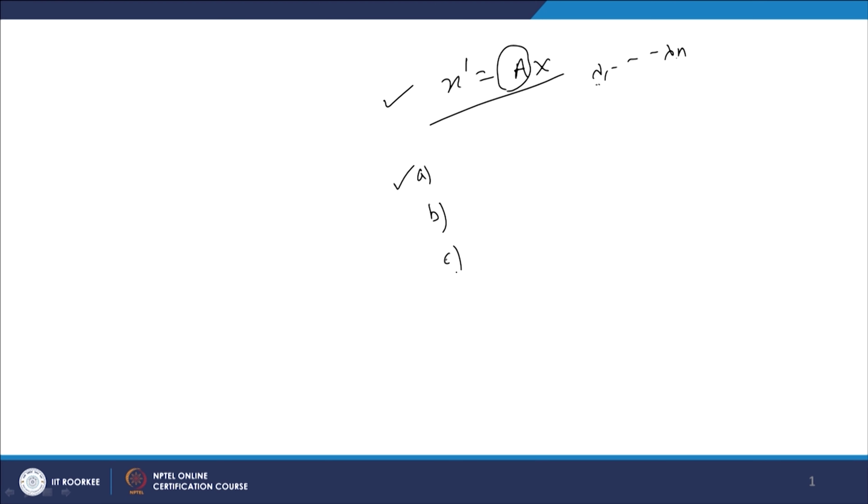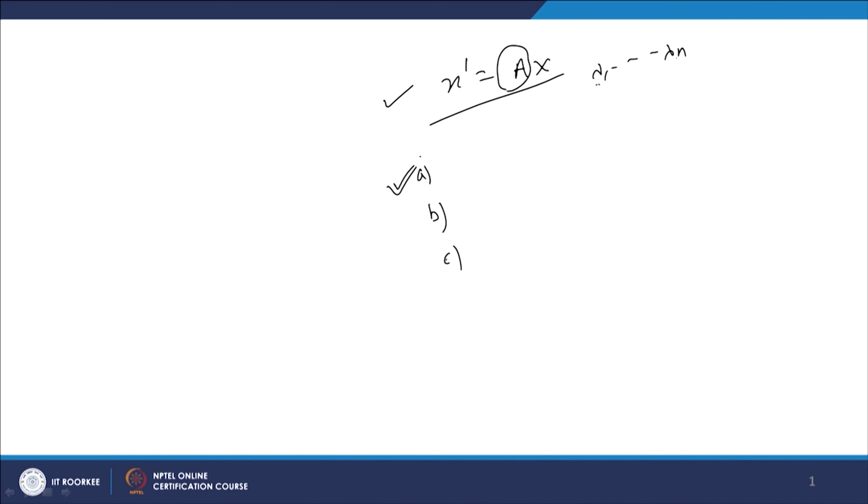And in the third part, if all the eigenvalues have non-positive real part, and corresponding to eigenvalues with 0 real part, algebraic multiplicity is equal to geometric multiplicity, then all the solutions are stable solutions.